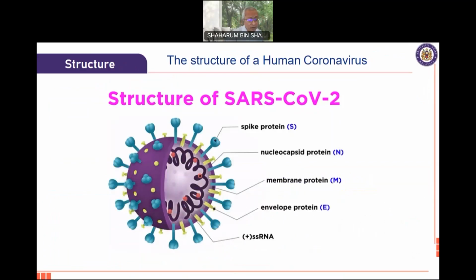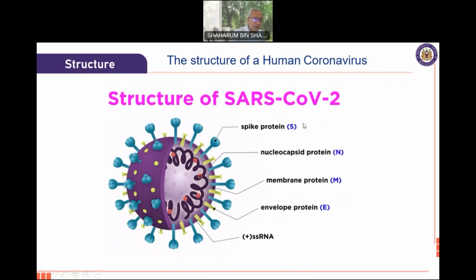Before we go further into the history of the emergence of this virus, let's look into the structure of SARS-CoV-2. As we all know, SARS-CoV-2 is a single-stranded RNA virus, which consists of 4 important outer layer proteins, which decide on the infectivity on human infections.